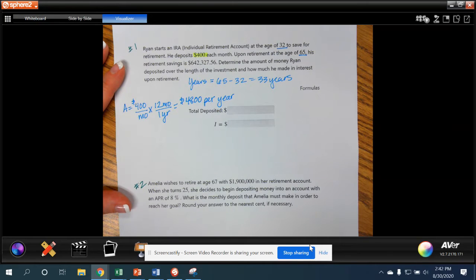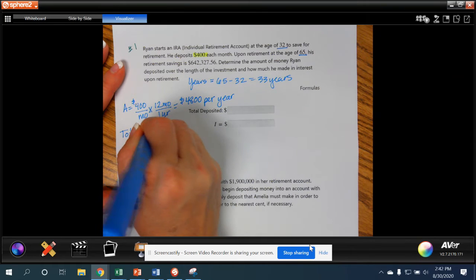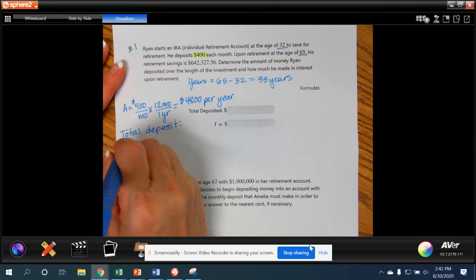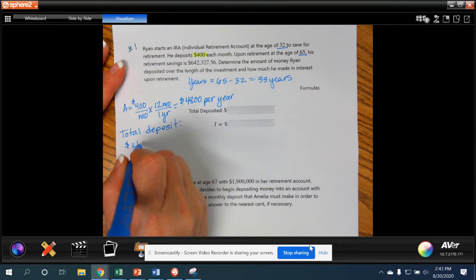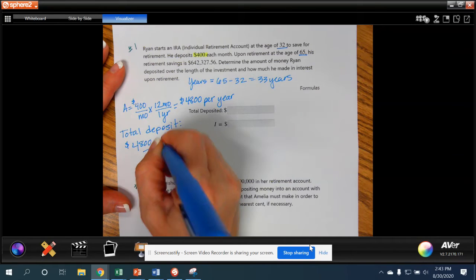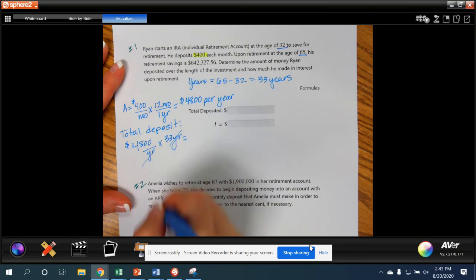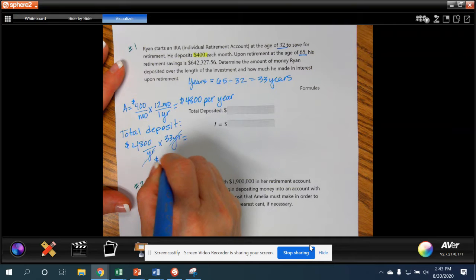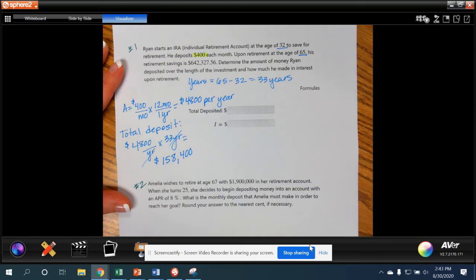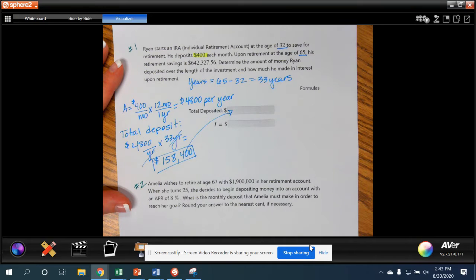But the grand total is going to take the total deposit, your 4,800 in a year, times 33 years. Then your years cancel. You get the grand total of 158,400. So that would be his deposited amount. So that goes there in your answers.